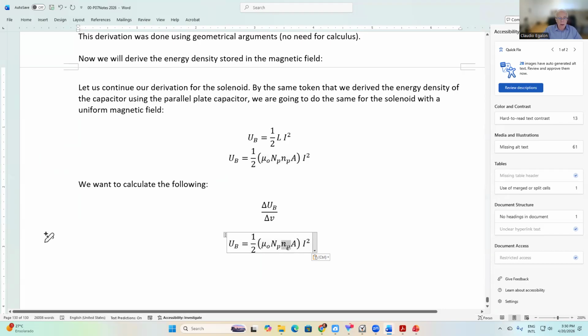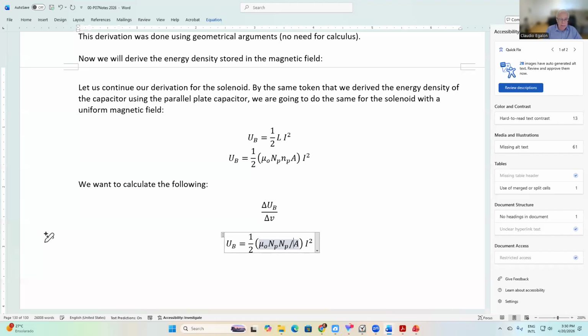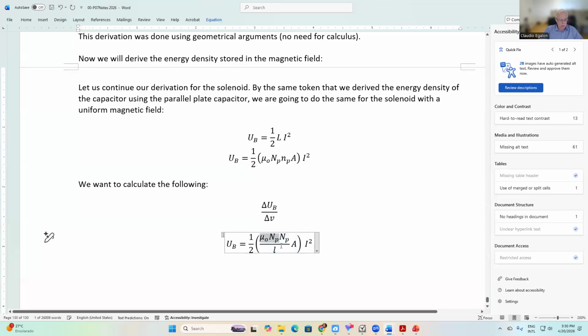P stands for primary, the primary inductor. Actually, there is only one inductor there, but it's divided by L. That's what the lowercase n stands for. I'm going to take out the parentheses; there is no need for them.